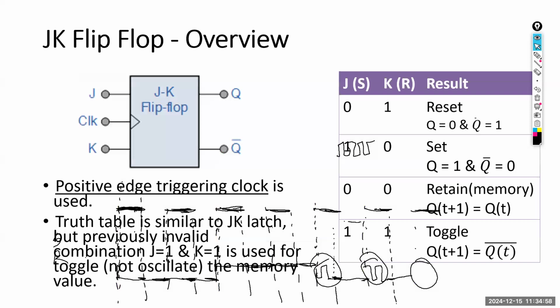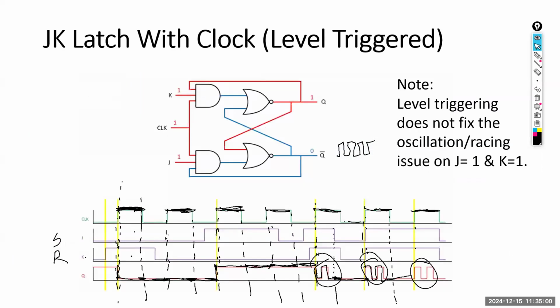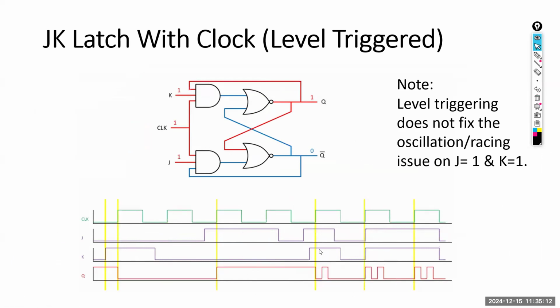That's something you need to remember. So the solution is not level triggering, but if you get a question like this, you should be able to write the output. The real solution is not going for level triggering. This is just for your information that level triggering can still get into race situations.